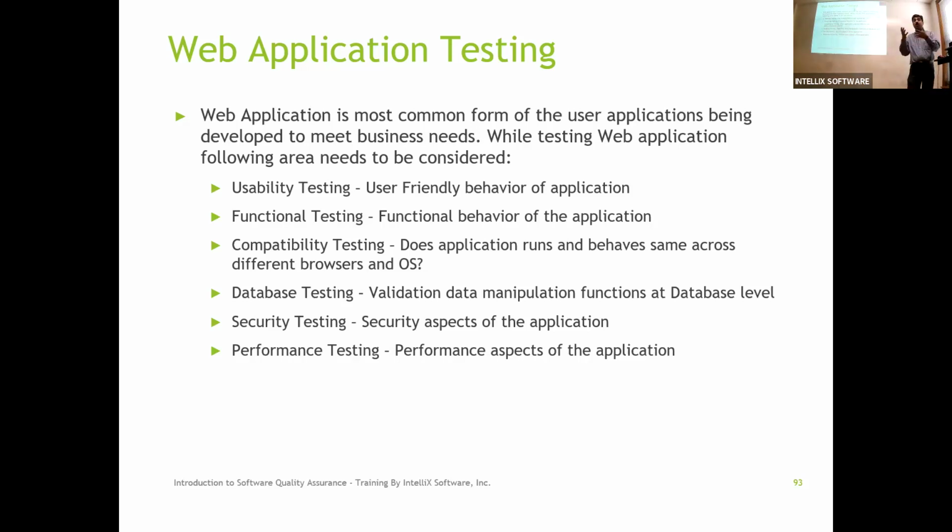So I need to make sure my application runs on all those browsers. Let alone, I also need to think about what version of the browser they're using. Are they using Edge 11? Are they using Internet Explorer? I don't know what they will be using. So I need to make sure my software works on all those browsers. That's known as compatibility testing.